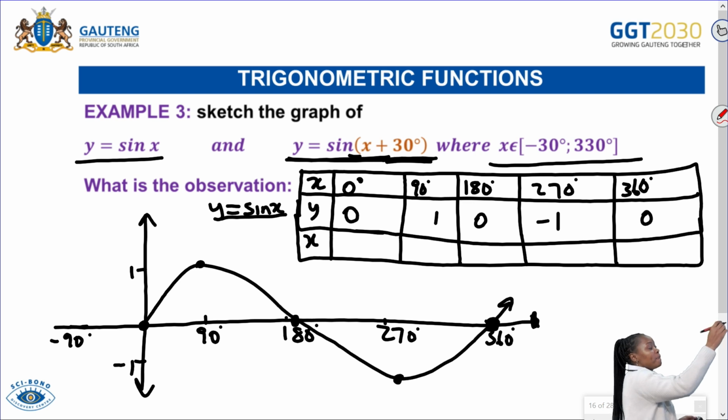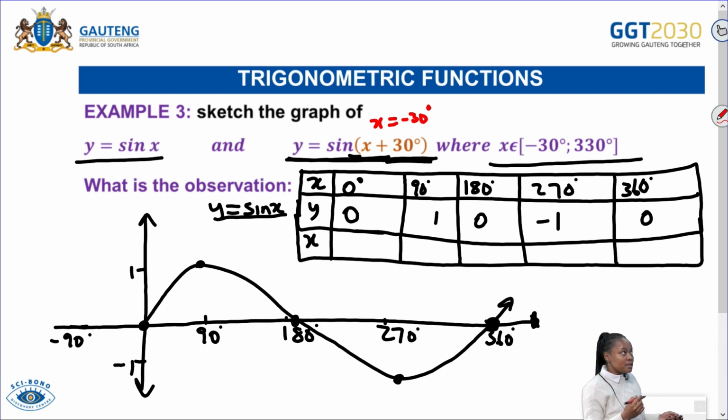So in each and every value of x, I'll subtract 30 degrees, because this is the same as x equals -30 degrees.